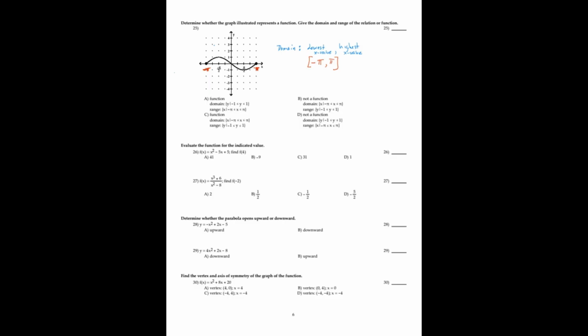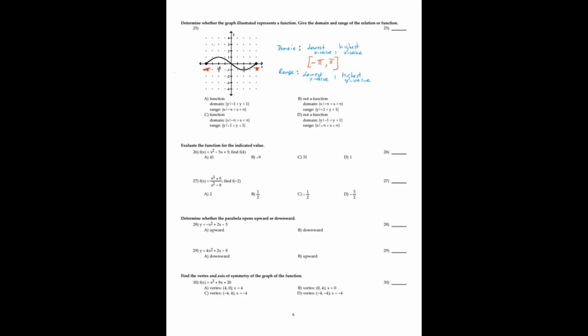Now, when we look for the range, the range of the function goes from the lowest y value to the highest y value. So what is the lowest y value?